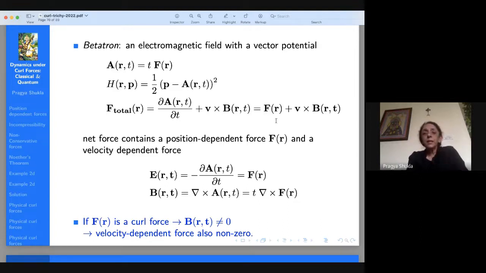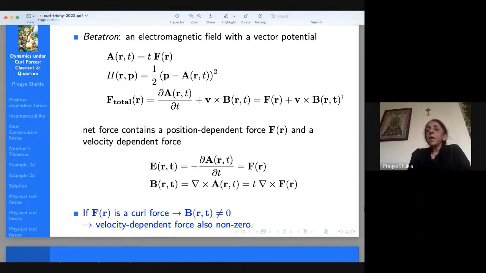But in this case, F total not only contains this part, but it also contains this part. So although you have in the betatron, depending on the choice of the force, you may have curl forces also. However, they always appear with a velocity dependent force.